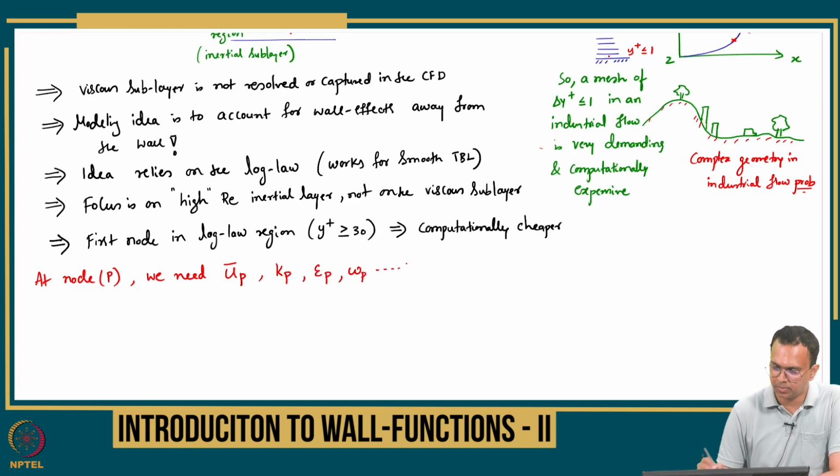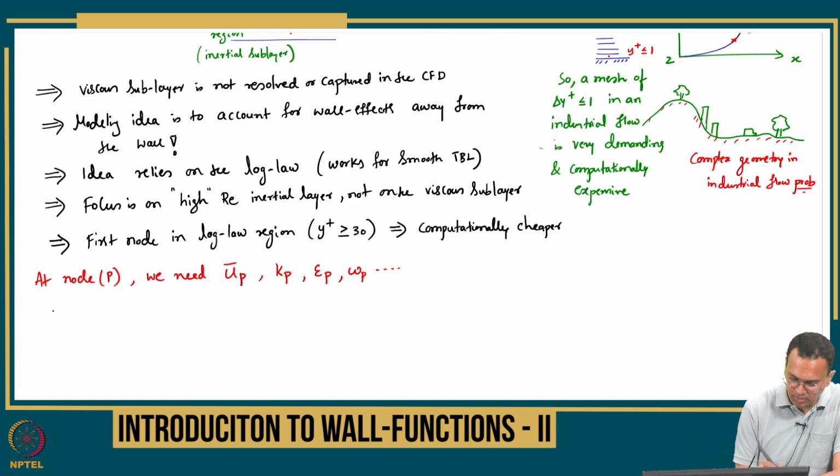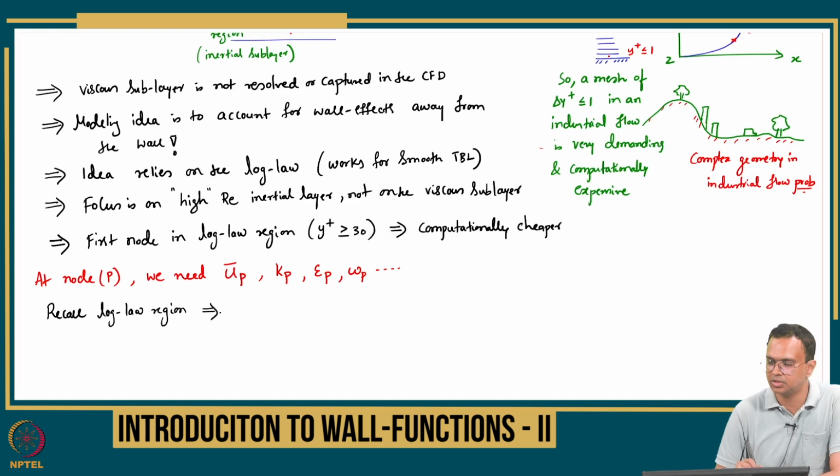Okay. So U bar P I already gave a clue. Now let's look at the other things, how to obtain the other parameters. Now recall the log law zone, right? Log law region. So what happens so special in this zone?